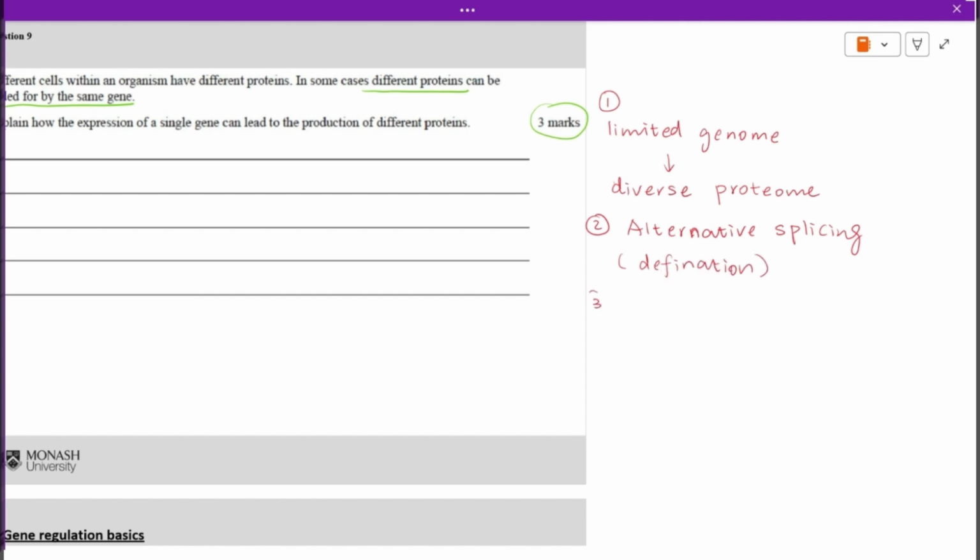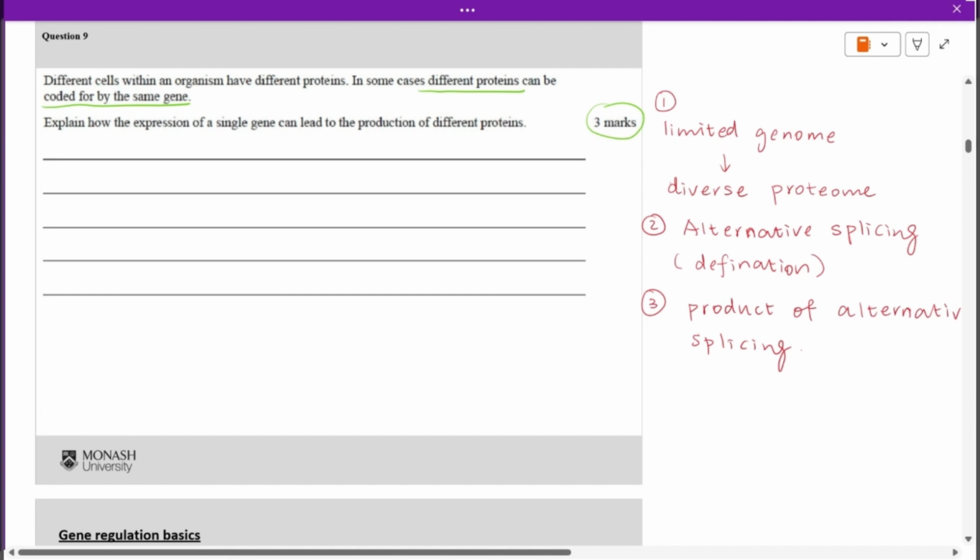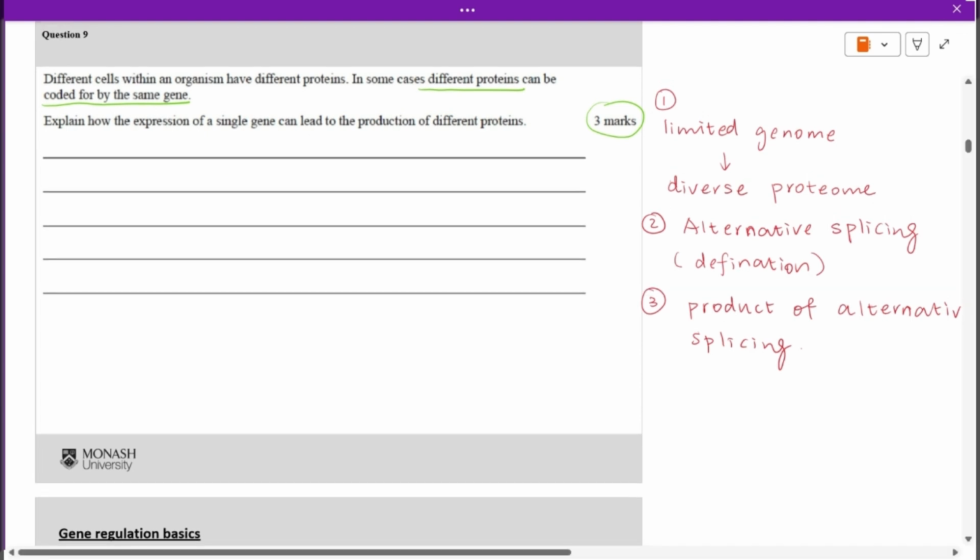And the third mark will go to the result or the product of alternative splicing. Okay. So once again, I'm not going to give you the answers. Please give this a try based on the mark breakdown and allocation I have suggested here. And yeah, if you got any questions, please let me know.